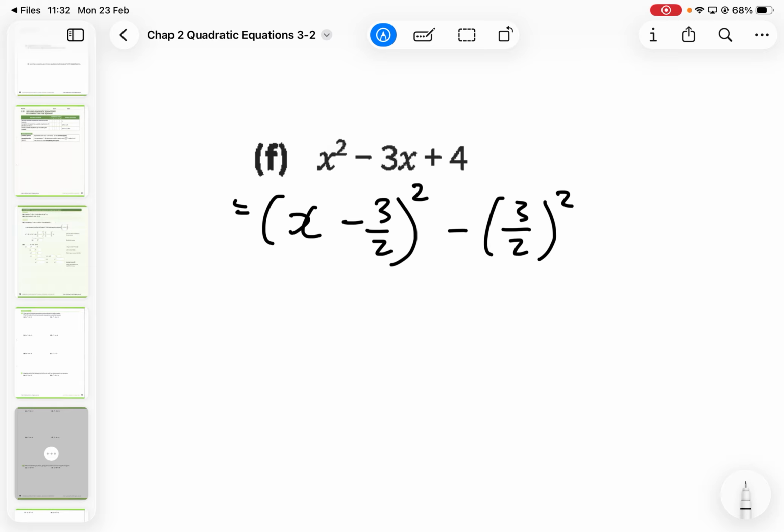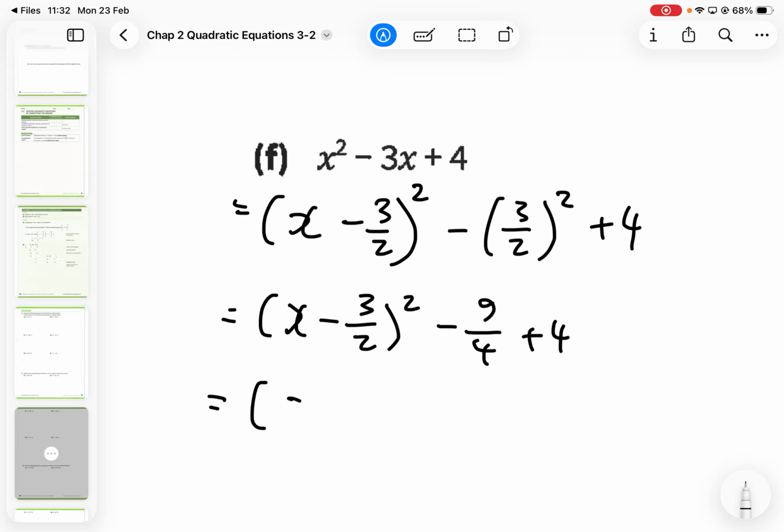Then my plus 4, put behind. Then simplify. Same, this thing can key inside calculator. Solved.